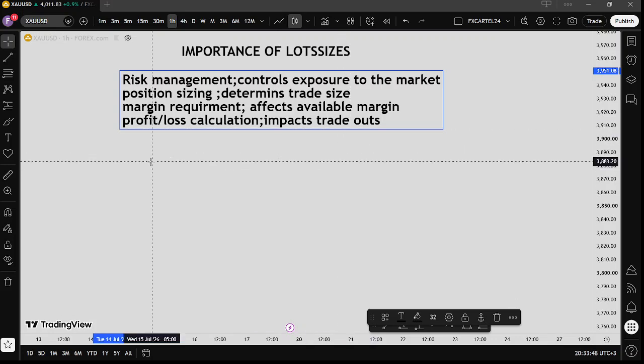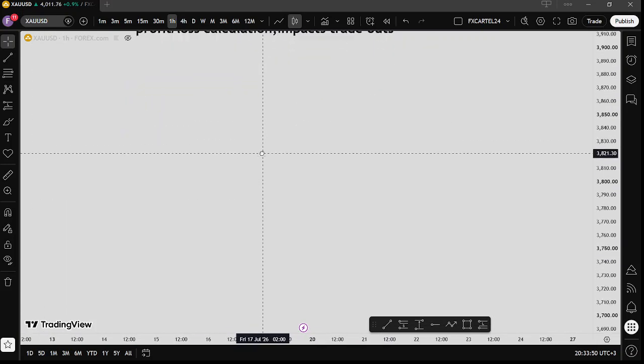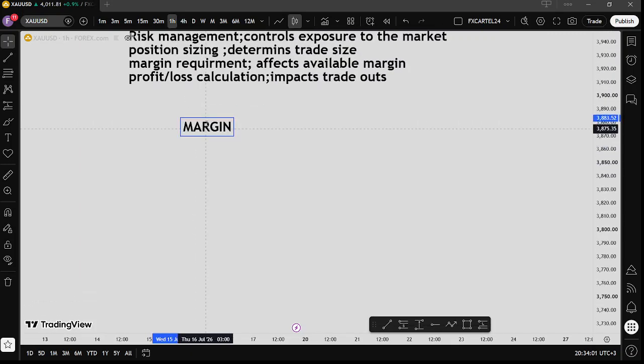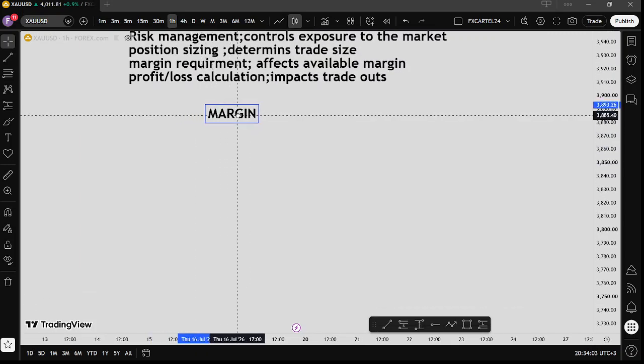So let's also learn about the margin before I explain the other one. What is margin? Okay, let's look at the margin.